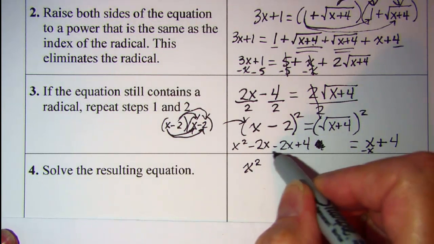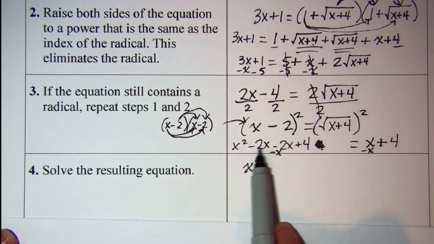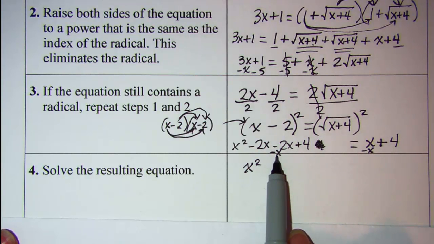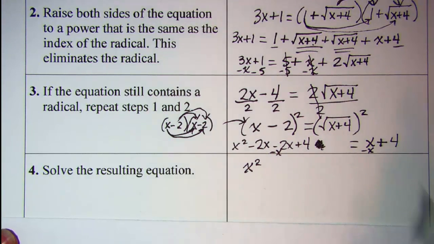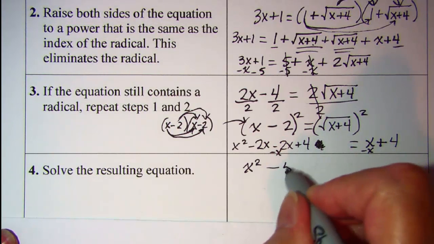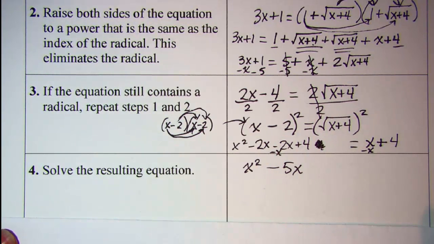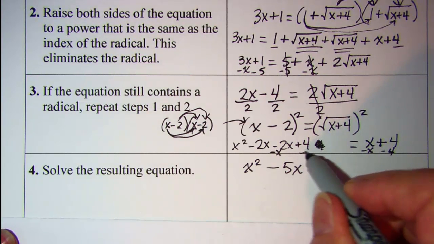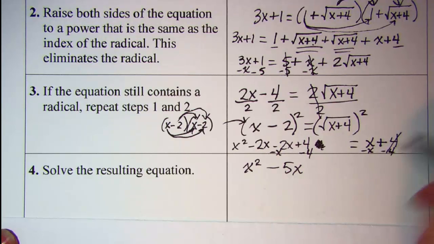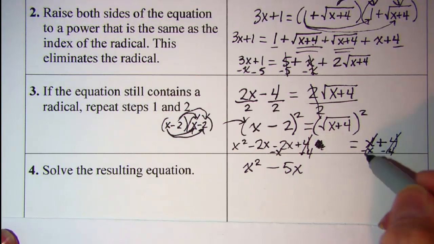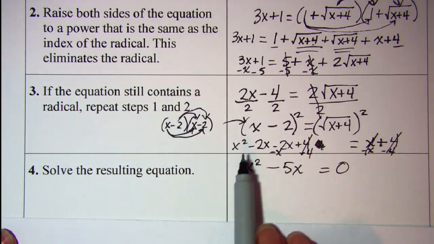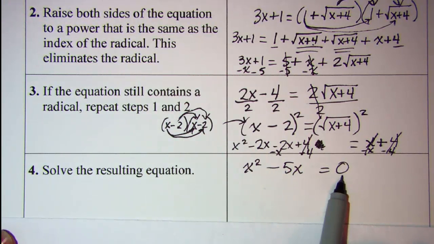Subtract x from both sides. So I have negative 2x and negative 2x. That's negative 4x. And then minus x is a negative 5x. And then I can subtract 4 from both sides. And the 4s are going to cancel. So it looks like our equation simplifies to x squared minus 5x equals 0.